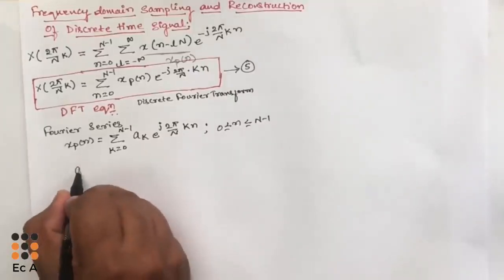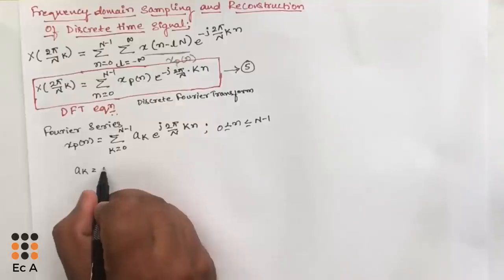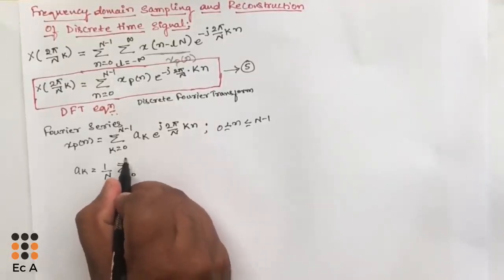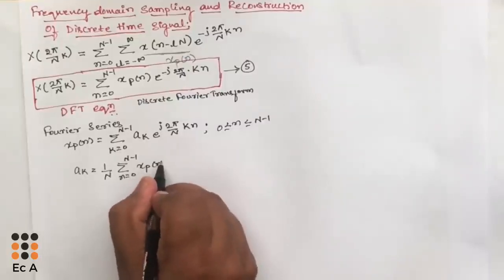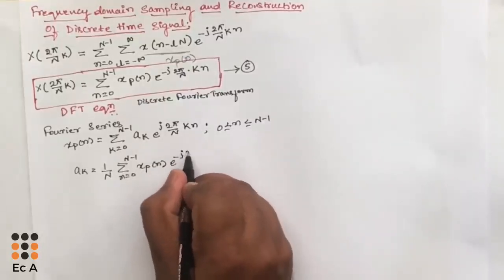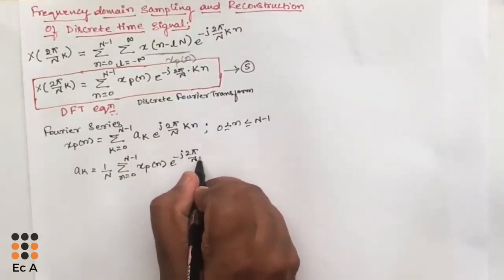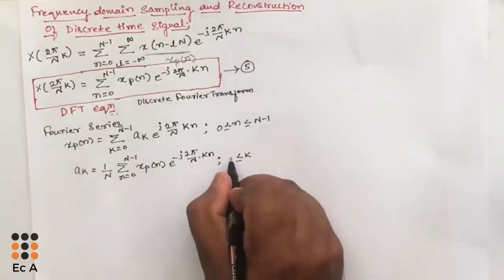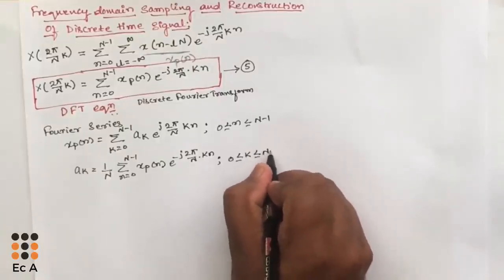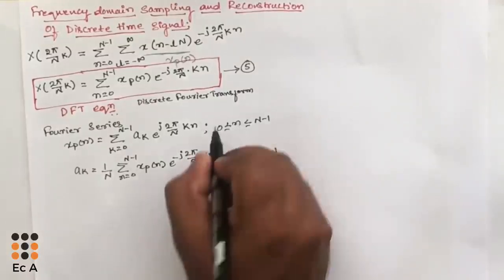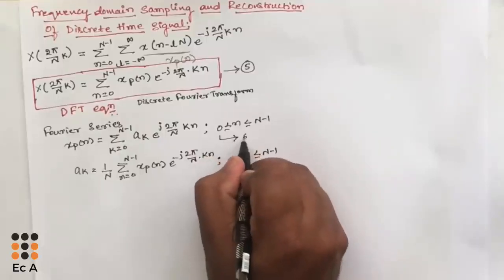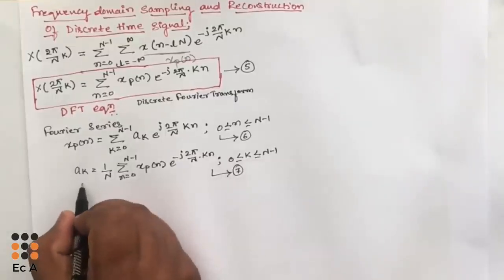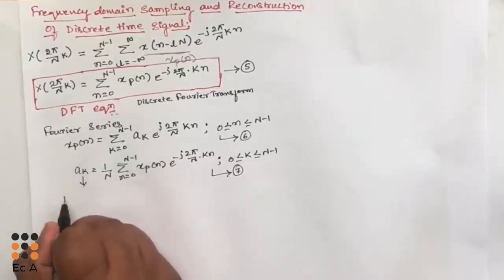Here ak can be written as 1 by N summation of n is equal to 0 to N minus 1 xp of n e to the power of minus j 2 pi by N into kn for k value ranging from 0 to N minus 1. Let us call this equation number 6 and this equation number 7. Here ak is the Fourier coefficient.